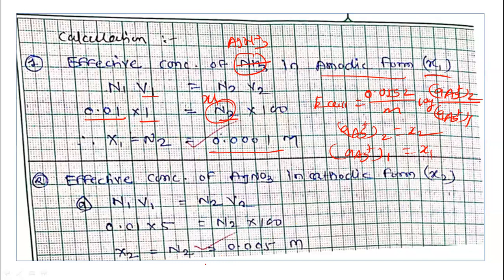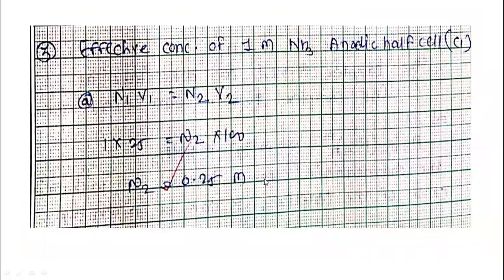Similarly we can determine the X2 value here. So by putting the X1 and X2 values and measuring the EMF of the cell, we can calculate the M value. Now the same process is applicable for the second set. In the second set, we have to determine the effective concentration of ammonia in the anodic half cell and in the cathodic half cell.